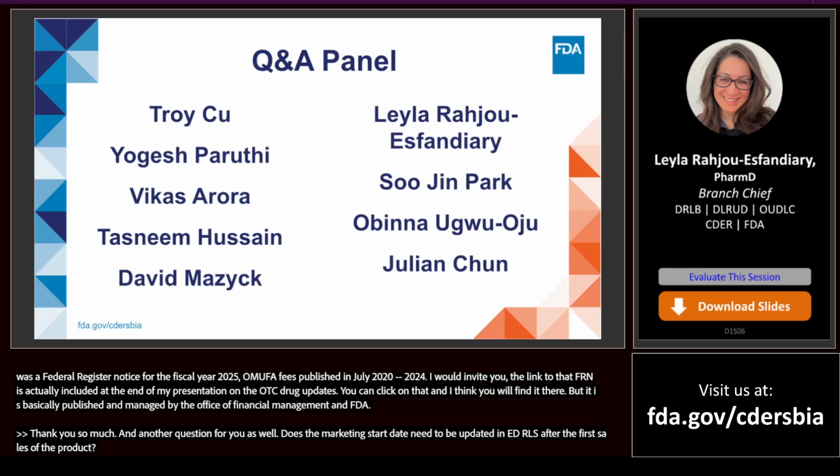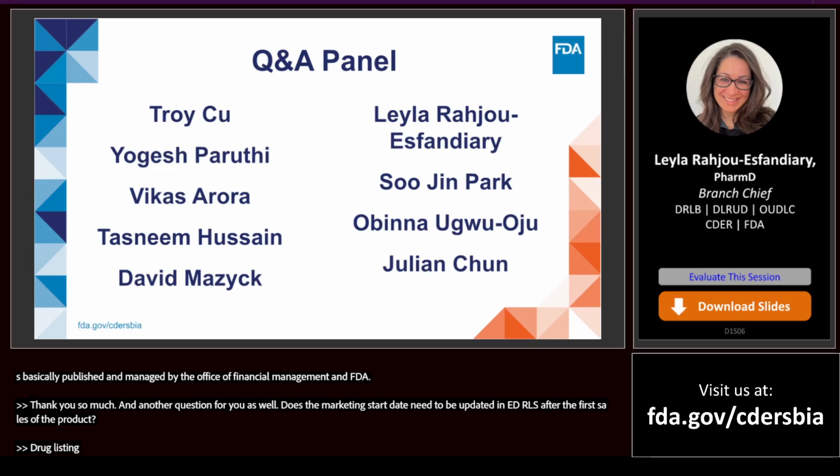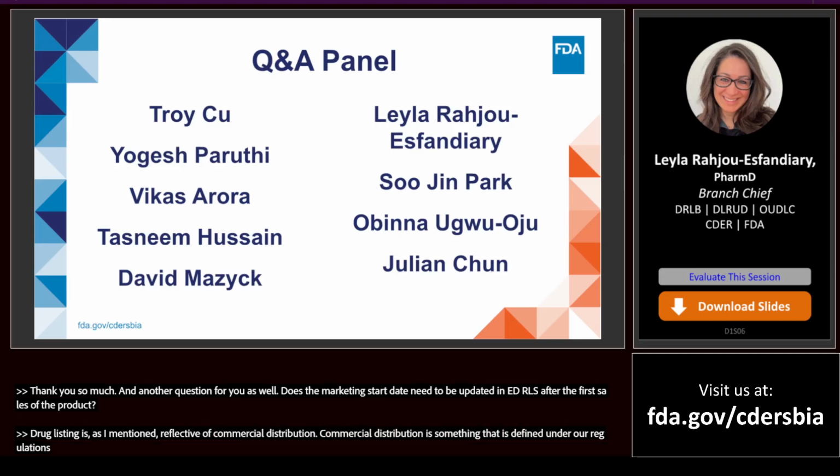So drug listing is, as I mentioned, reflective of commercial distribution. And commercial distribution is something that is defined under our regulations in 21 CFR 207.1. It's basically any distribution.